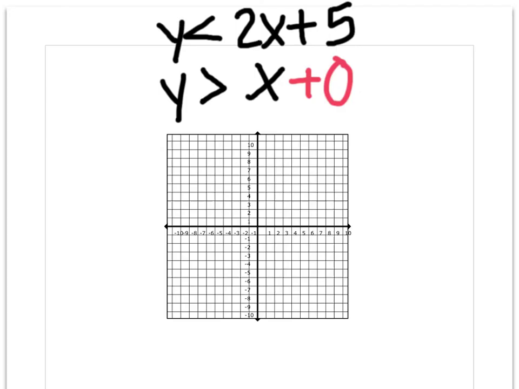So we have y is less than 2x plus 5. We start at 5. Go up 2 over 1, or you could go down 2 and left 1. Again, it's a dotted line.